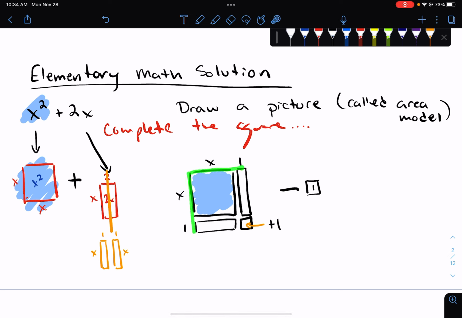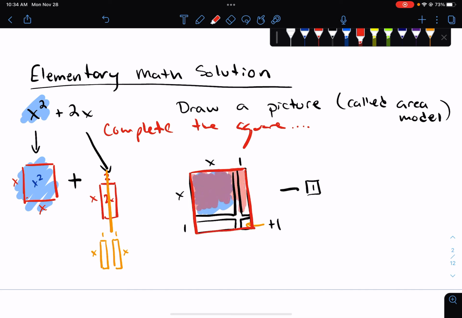So I've got this beautiful square. And if I look at that square, if I look at the length going across the top, if I want to look at the measurements of this square, instead of looking at the pieces that I put together, I just want to look at the entire square.